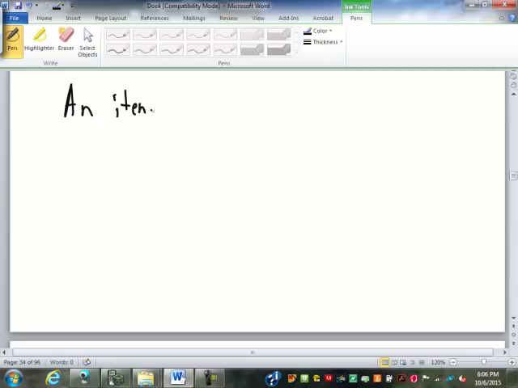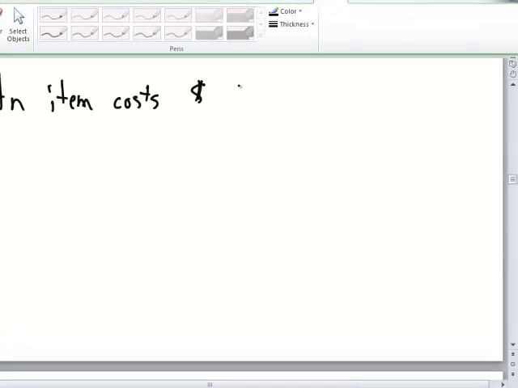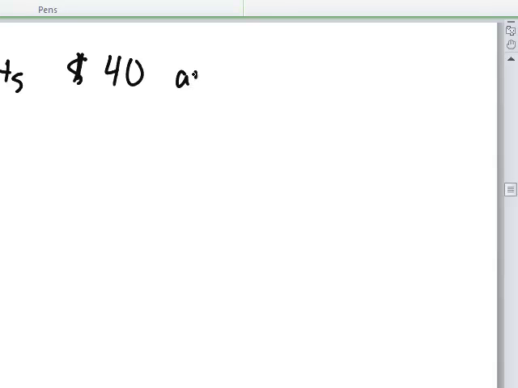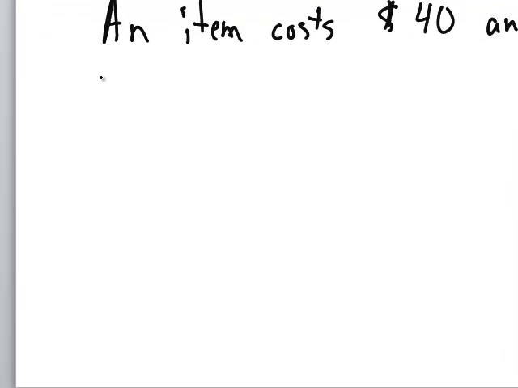So let's say an item costs $40 and the markup is 30% on the cost.